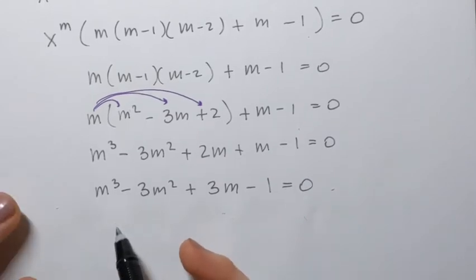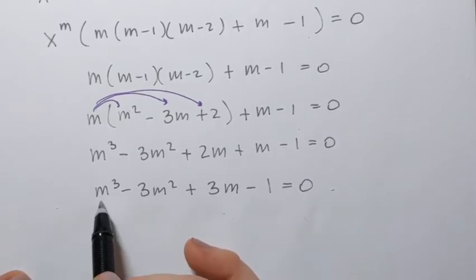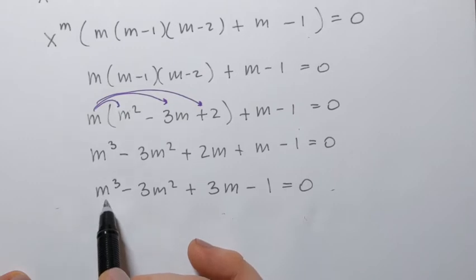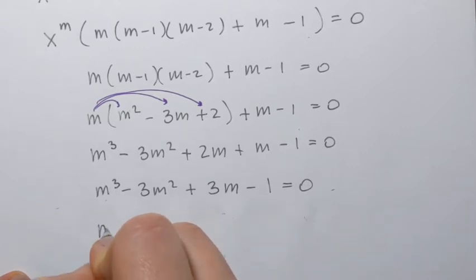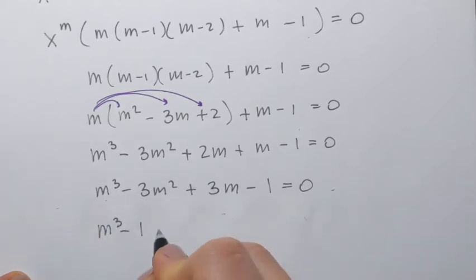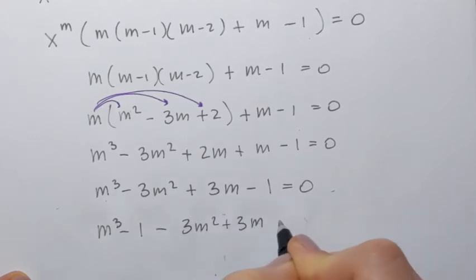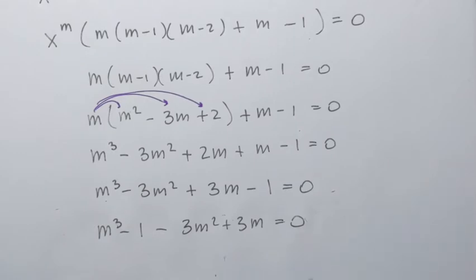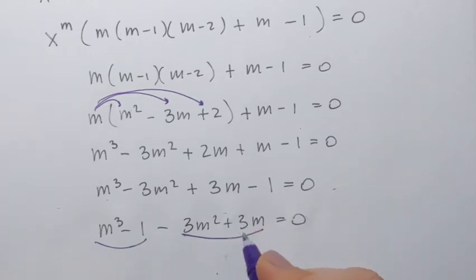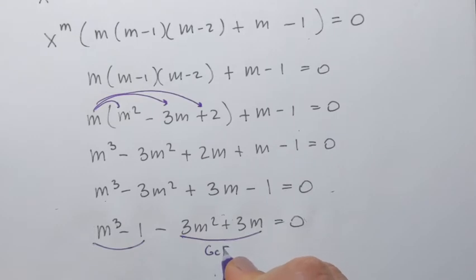But what I found that works is if I group m cubed and -1, and then -3m squared plus 3m I'll put together. So that's my first group, that's my second group. For the second group, I can see that the GCF is negative 3m.